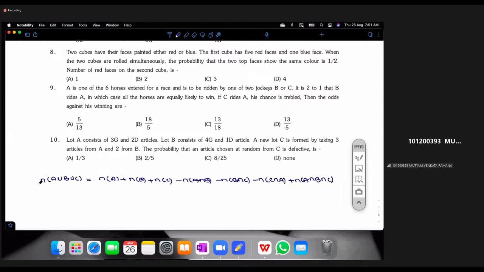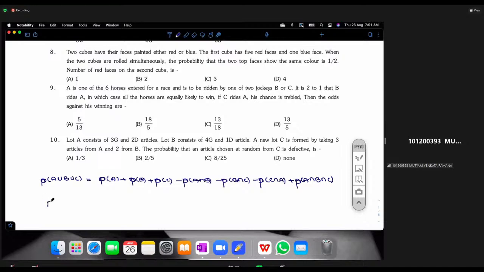In probability, you divide by the total number. So P of A union B union C is equal to P of A plus P of B plus P of C minus P of A intersection B minus P of B intersection C minus P of C intersection A, plus P of A intersection B intersection C will be there.